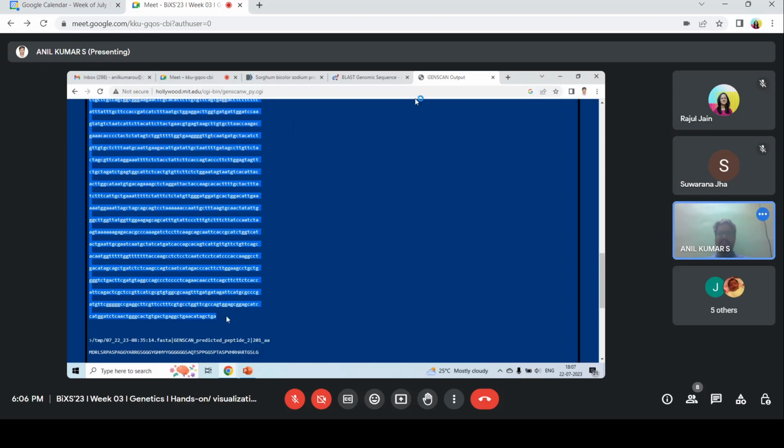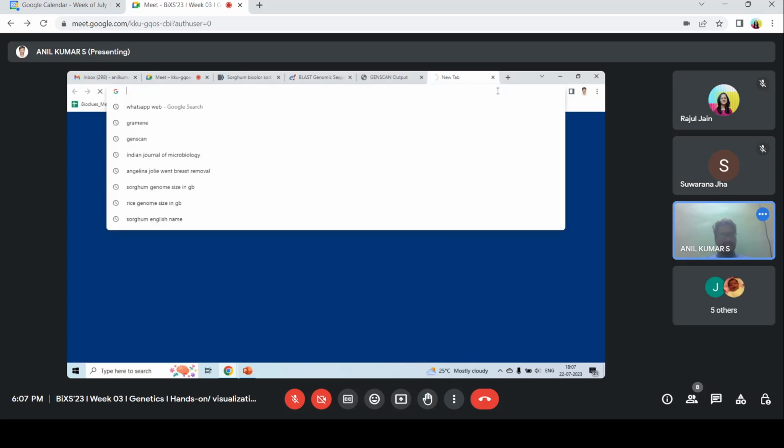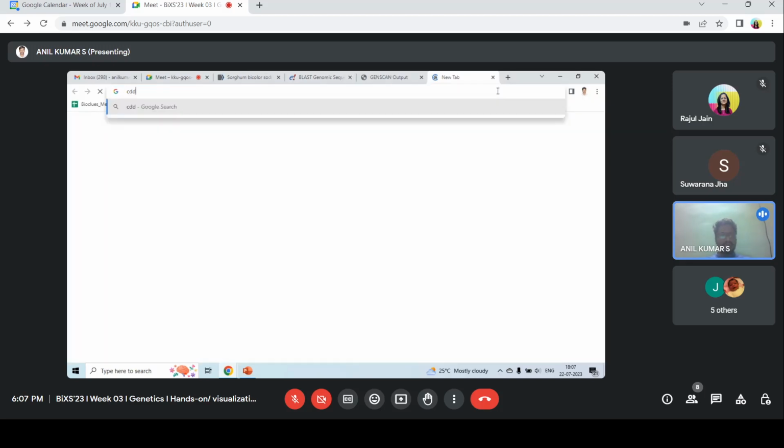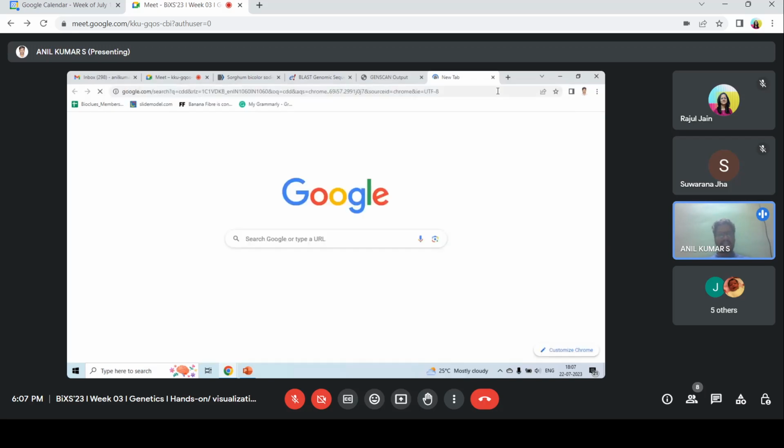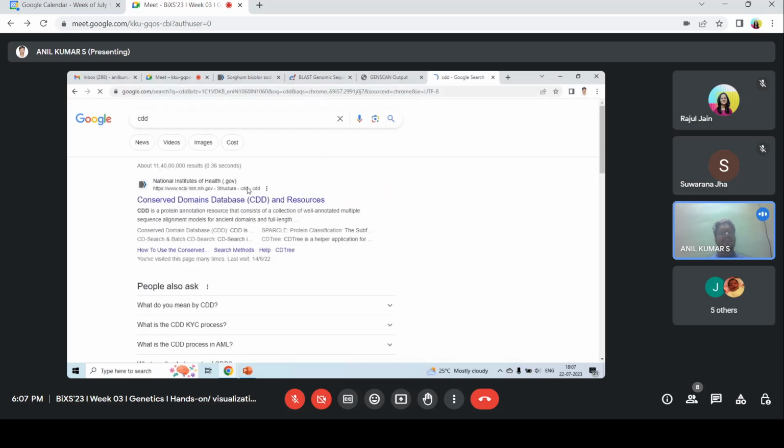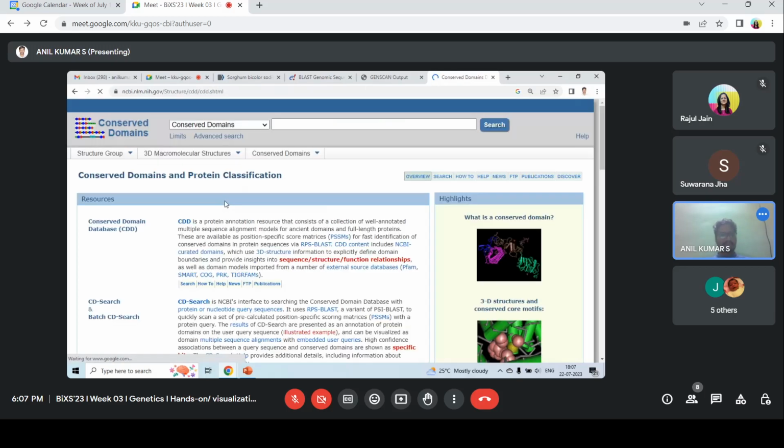For this reason, open the NCBI CDD search, a tool that helps in identifying whether you have mined or discovered the same gene in another plant or not.